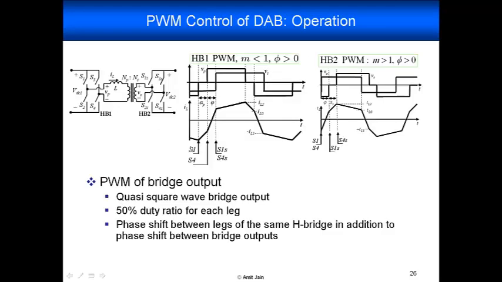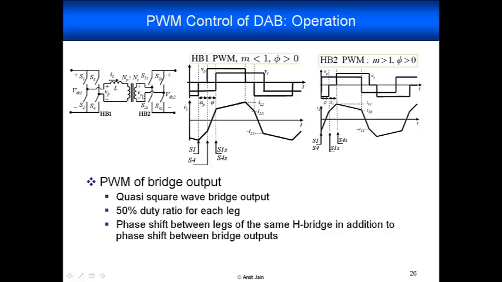So this is the same circuit of the dual active bridge. Now what we're going to do is utilize one more flexibility in the switching sequence of the switches. Instead of getting square waves for the primary and secondary voltages, we can introduce a quasi square wave on one of the bridges.